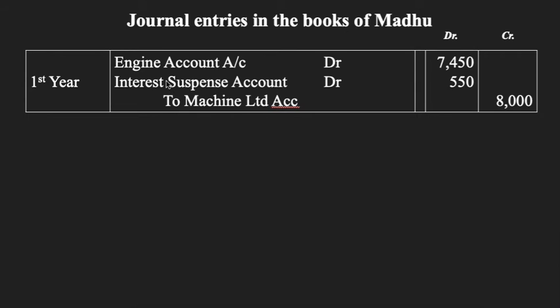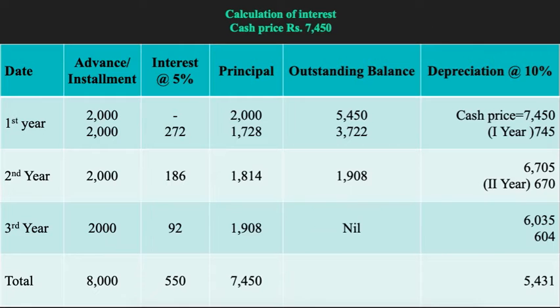So this is the first entry. Then the second one. Now what is happening here? This advance of 2000 rupees is paid in the first year. It is paid how much? 2000 rupees as advance. This is paid to the vendor. So what would be the journal entry for this?